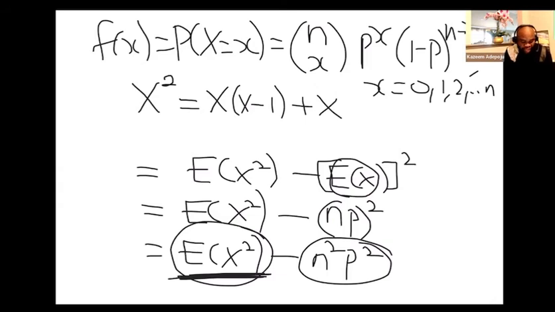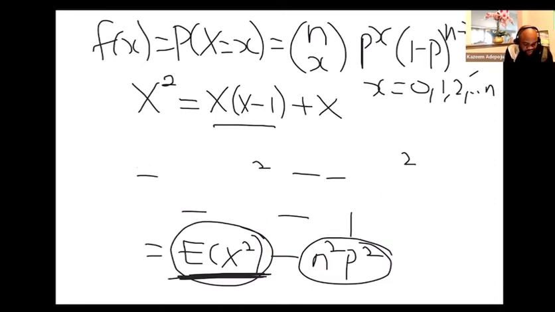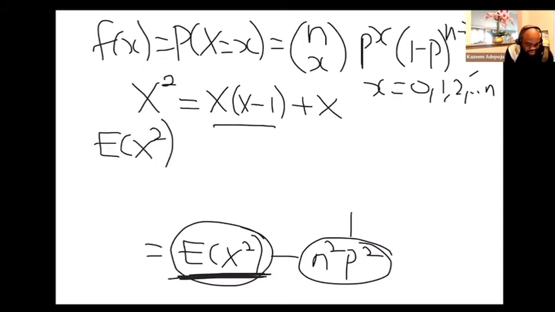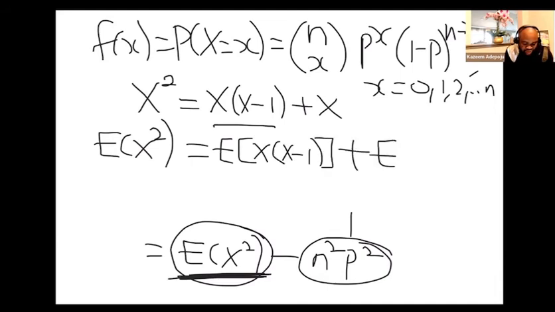Yes, because when I expand that, it's X squared minus X plus X, which is the same thing as X squared. Now if I want to find the expected value of X squared, then I need to find the expected value of X times (X minus 1), plus the expected value of X.